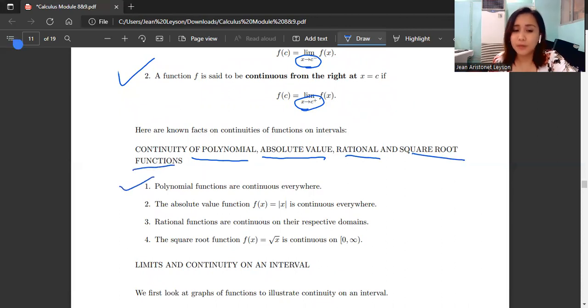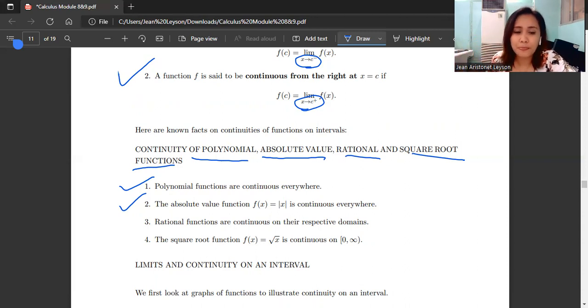Number 1, polynomials are continuous everywhere, on every point, on every interval, because there are no restrictions for polynomial functions. Number 2, the absolute value function f of x equal to the absolute value of x is also continuous everywhere. Same with polynomial functions.